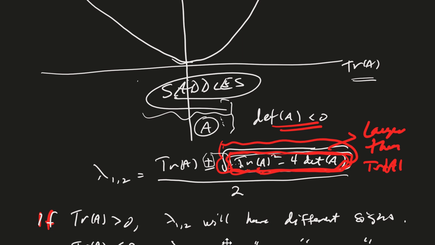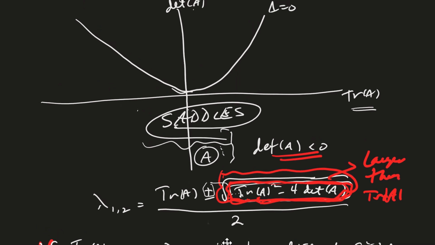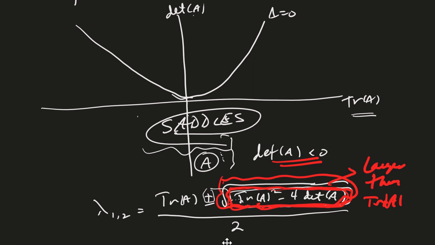Okay, so we'll go through a couple more places here, just to fill in some more of these regions. If we're in this region here, we end up with sources, and in this region we have a spiral source, and in this region we'll have spiral sinks.